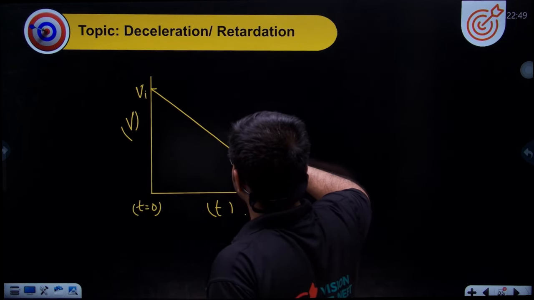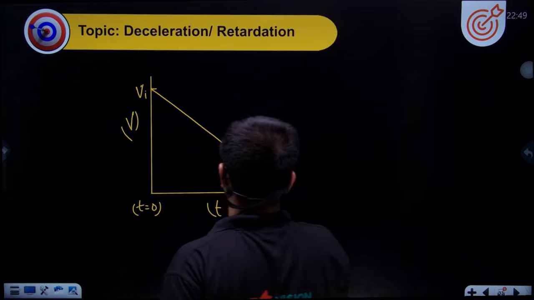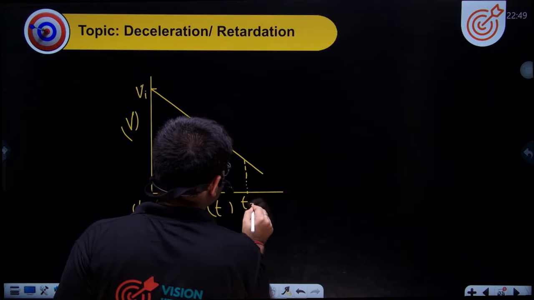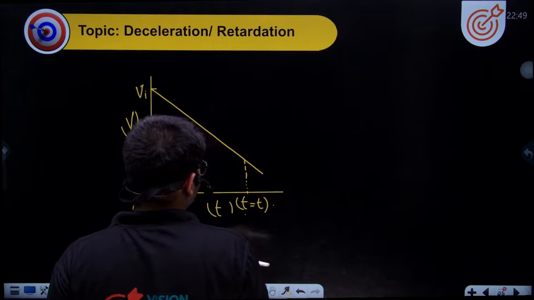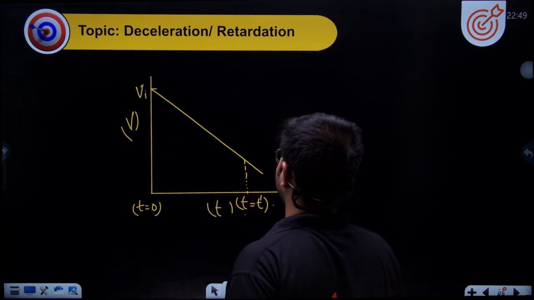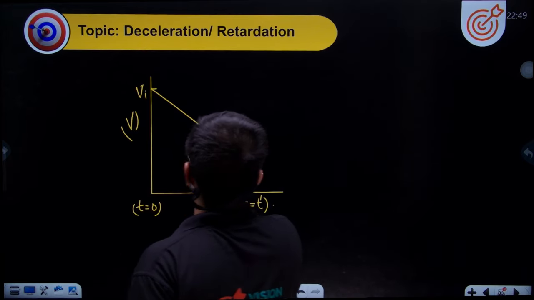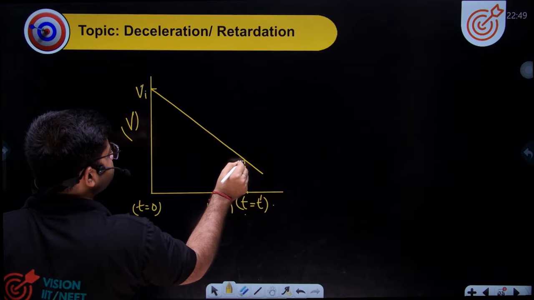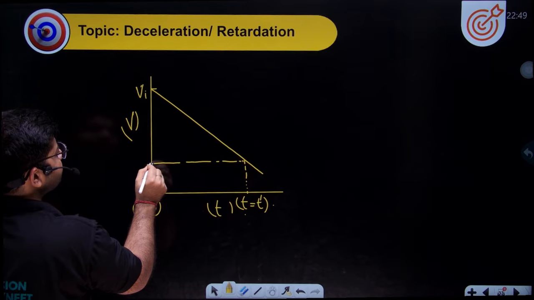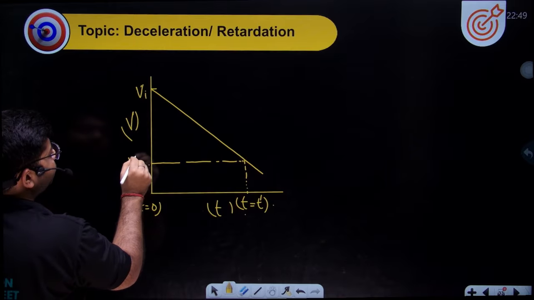I want to find out at a particular time, t is equal to t prime, what is going to be my velocity? This is my final velocity, I can say that this is nothing but Vf.